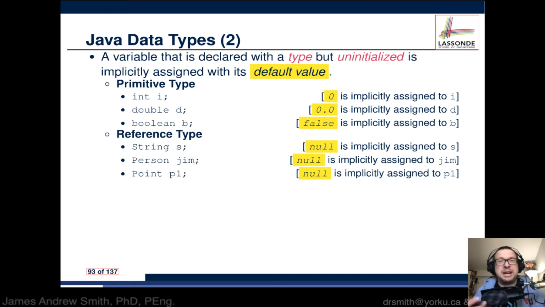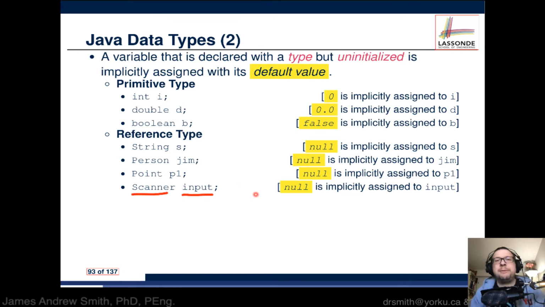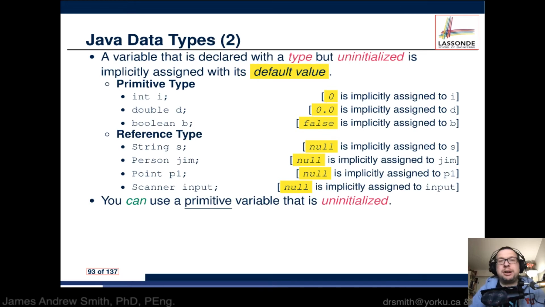Same with other classes that we create objects from, like Point; it will be assigned null if we don't say what it's supposed to be. And then Scanner: say we're creating an object called input of type Scanner, but we don't say what it's equal to, like we don't actually scan something in, then it will be implicitly assigned a value of null.